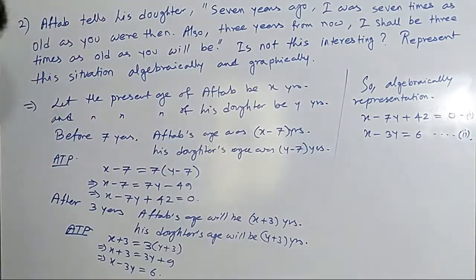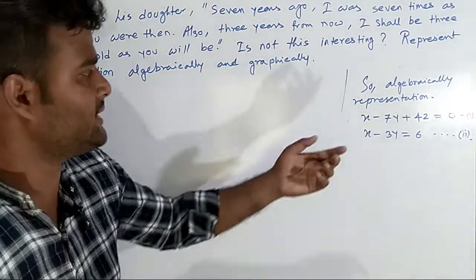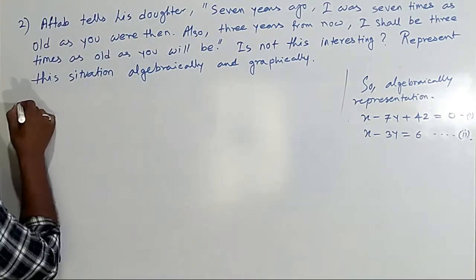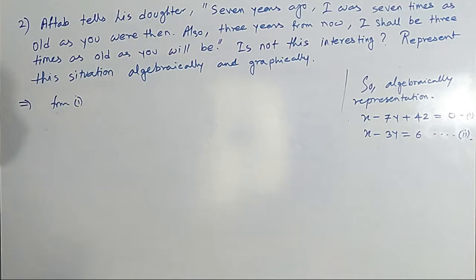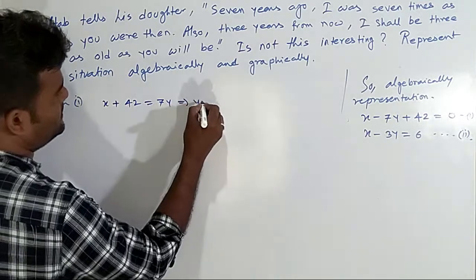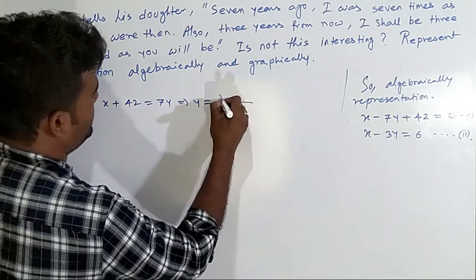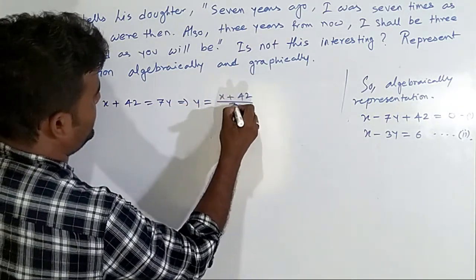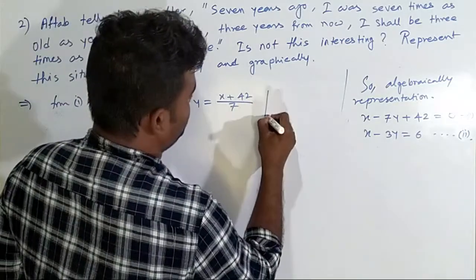That's it. Now we represent these two equations, or this situation, graphically. First we find the table for this equation. From the first, express y in terms of x: x plus 42 equals 7y, that is y equals (x plus 42) by 7. Now we find a table.